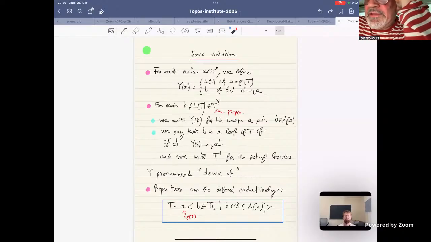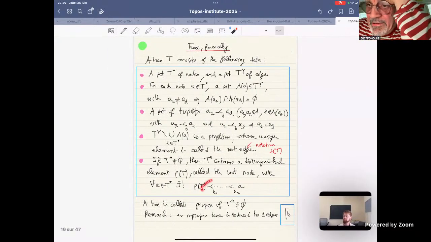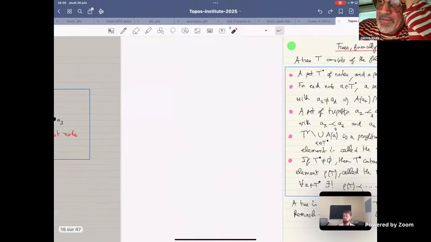Okay, and some notation that will also be used. So for each node, we use this notation with this funny sign. It's the same sign I used exactly here or here, but now in the vertical direction.